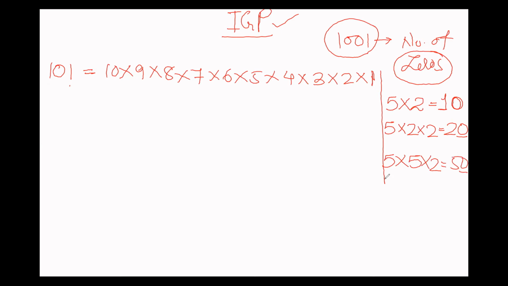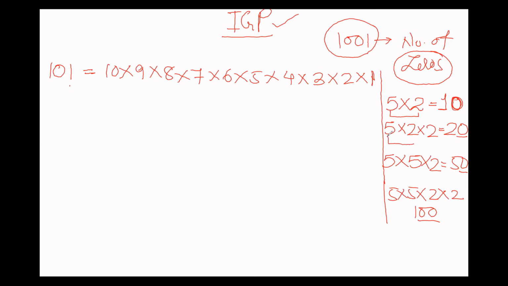Now let me take the multiplication of two 5s and two 2s. 5 fives are 25, 25 fours are 100. Now I am getting 2 zeros. Just try to understand. One 0, why? Because I have only one pair of 5 and 2.